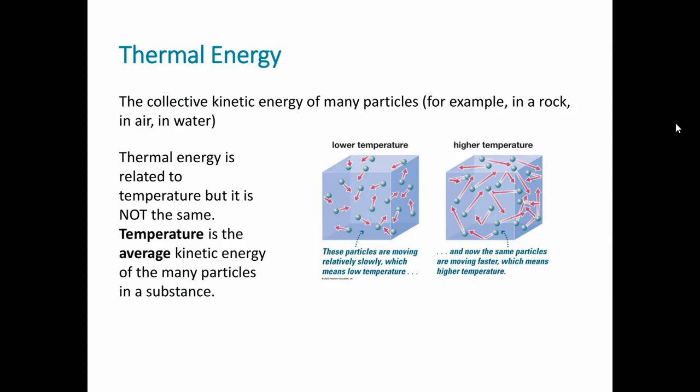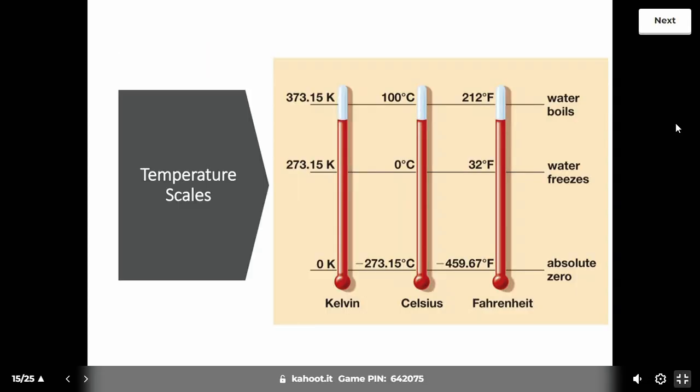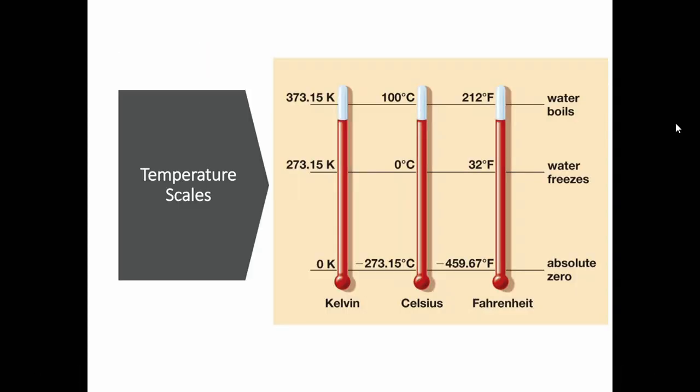But it's not just gas that can have a temperature. So solids and liquids are also all made of particles that are moving at various velocities. Okay, so now this is my little rant or diatribe about temperature scales.